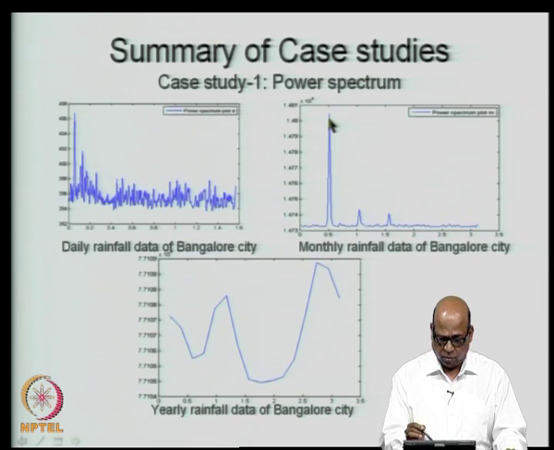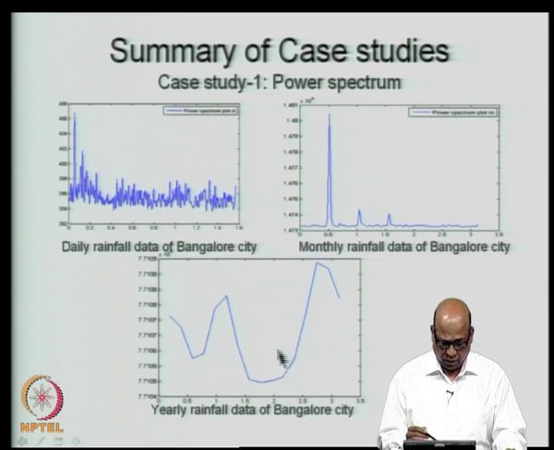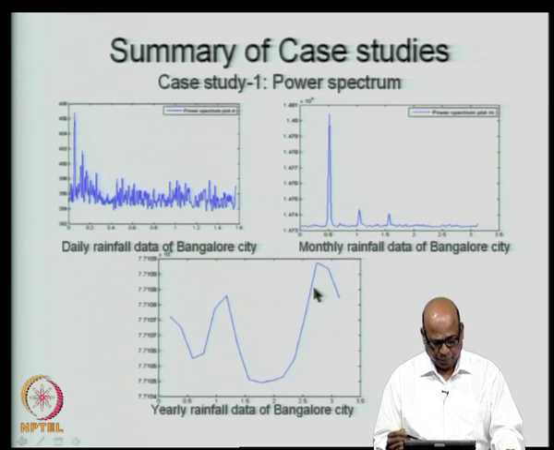The one corresponding to 12 months is quite significantly different from those corresponding to 6 months and 4 months. Again, the yearly data does not show any preference for any particular frequencies. The high frequencies seem to be dominating here, but there are no significant periodicities thrown up by the yearly data spectral analysis.